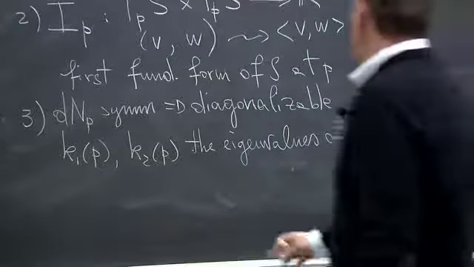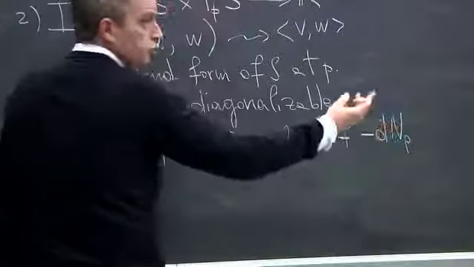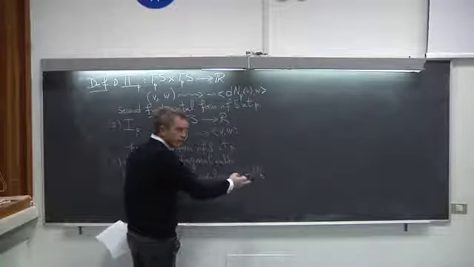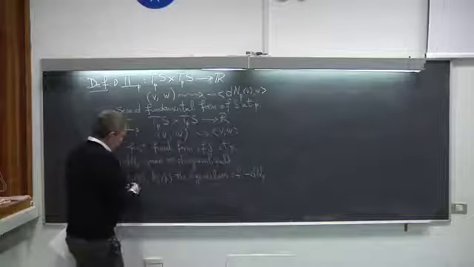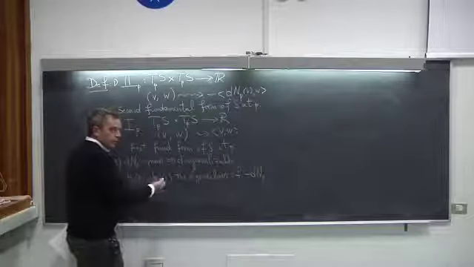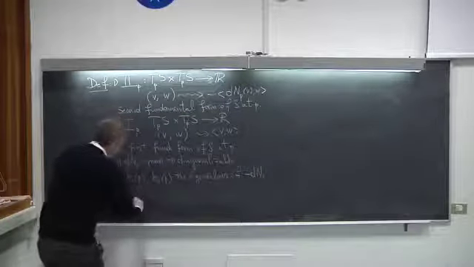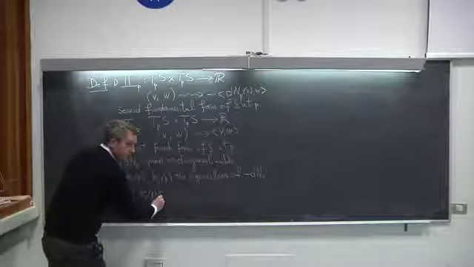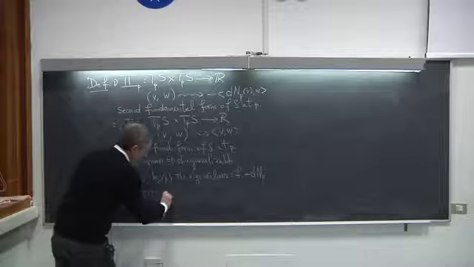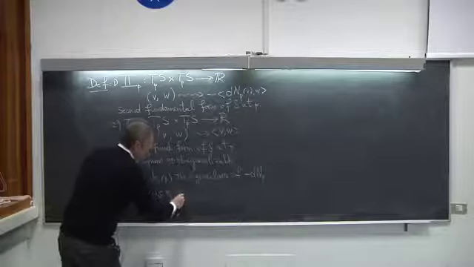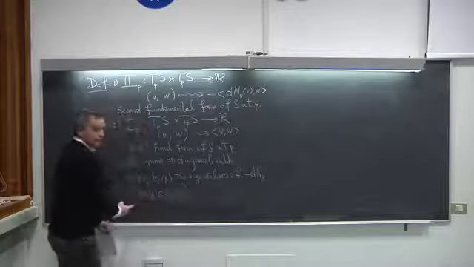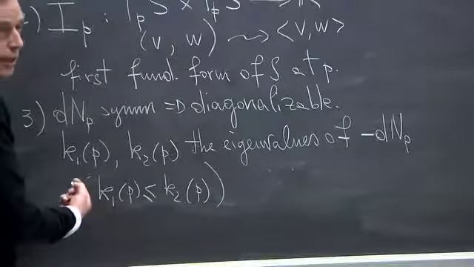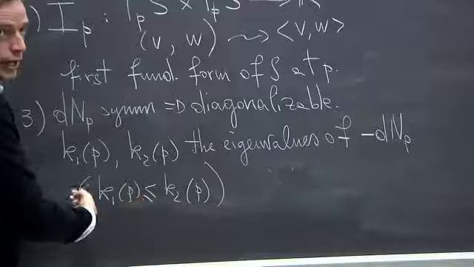And how do I decide? So, of course, this is diagonalizable, so it has two eigenvalues counted with multiplicity. I mean, in principle, they could be the same. So how do I choose which one I call k1 and which one I call k2? So the assumption is that k1 of p is less than or equal, is the smaller one, whenever it makes sense. Because if they are the same, who cares which one you call k1 and k2?